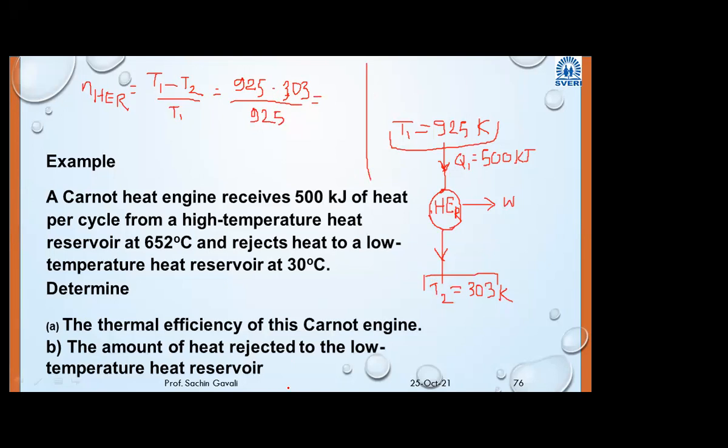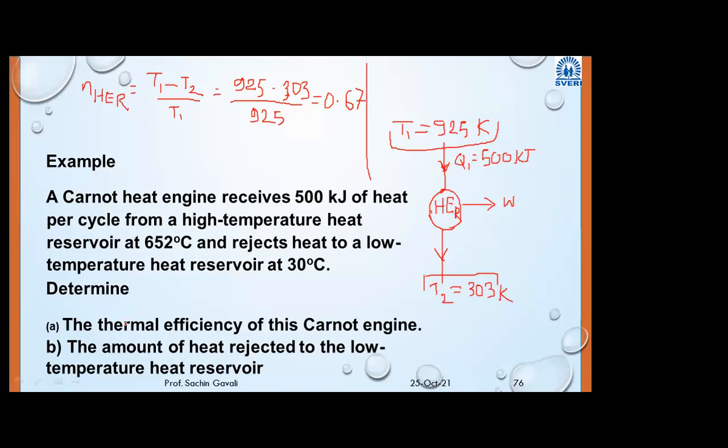Mention in the chat box at least. 0.6, 0.672, okay. So the answer is 0.67.